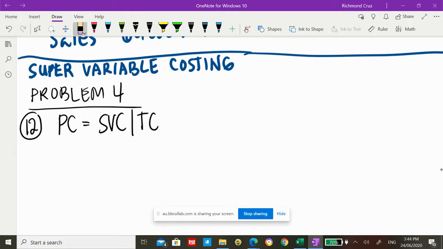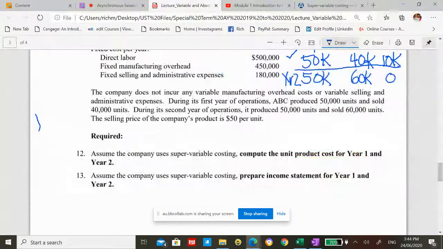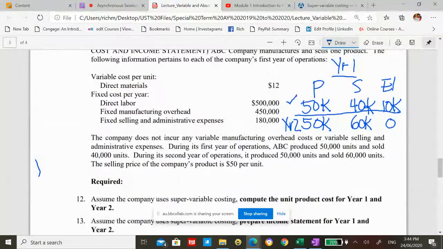And I told you a while ago that for super variable costing or throughput costing, we only recognize direct material costs as our product cost. If you go back to the problem, the only variable cost is direct materials, and that is $12 per unit.